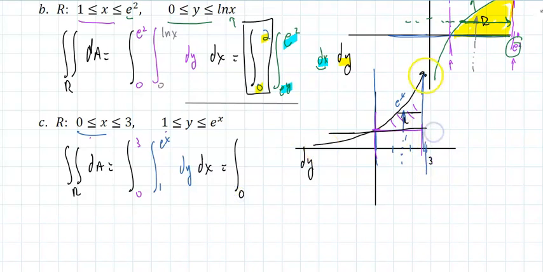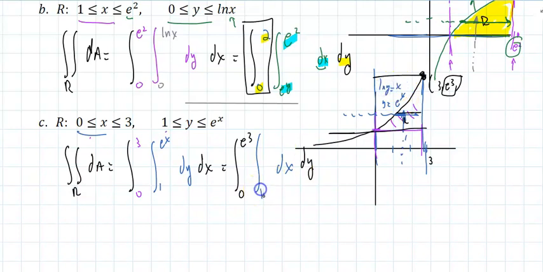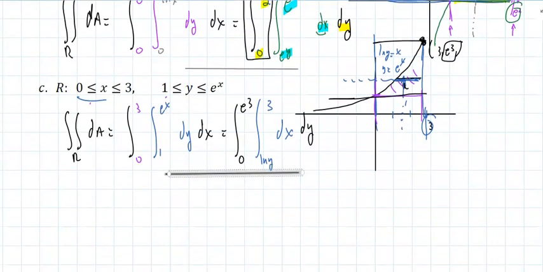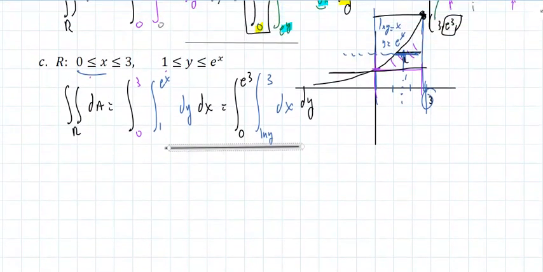If x equals 3, what is this point? So y runs from 0 to e to the third, and x runs from, what does x equal? If y equals e to the x, isn't x natural log of y? And where does x terminate? At 3. So that's how we'll do this. I'll pick this up in the next video.